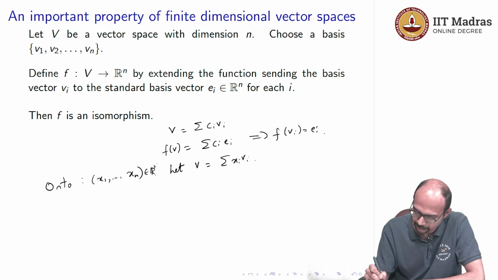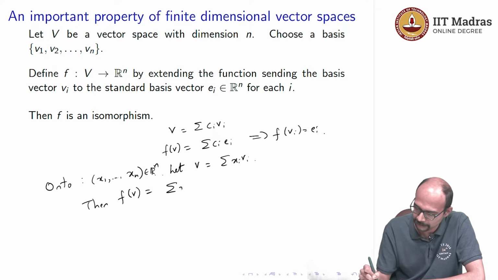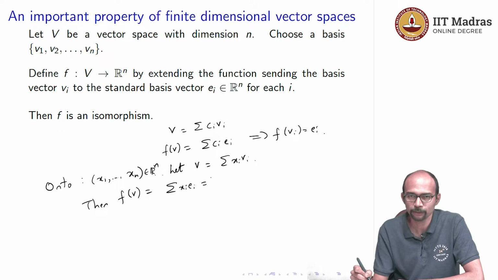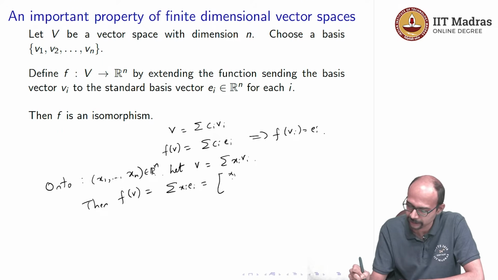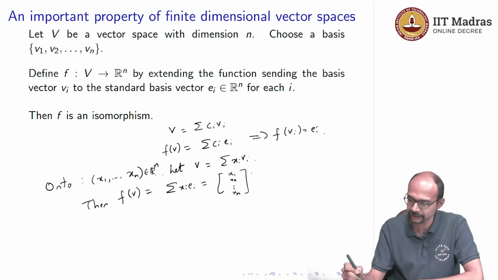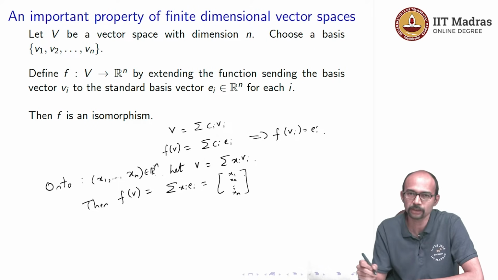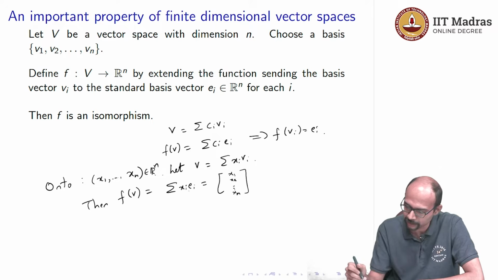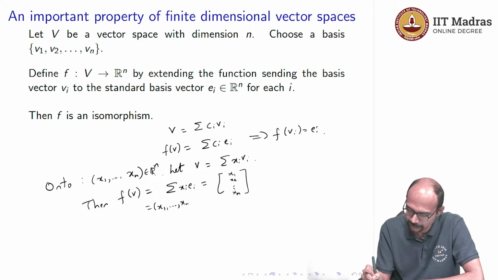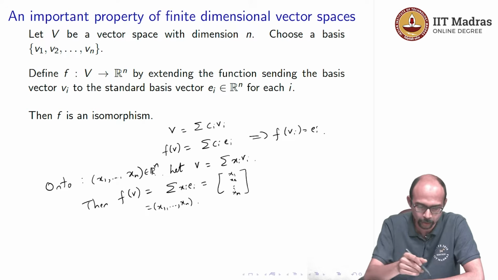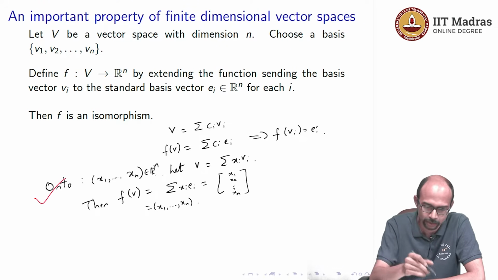Then what is f of v? f of v is summation xi ei, which, written as a column vector, is the column vector x1, x2, up to xn. And here, when we say we are going to write it as a row vector, f of v is the row vector corresponding to this, so f of v is exactly x1, x2, up to xn. This means it is onto. Okay, I have checked that it is onto.